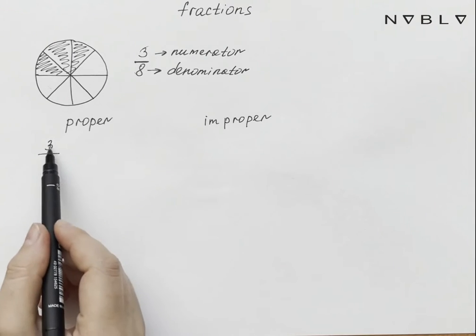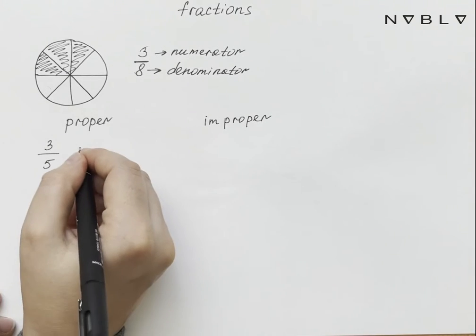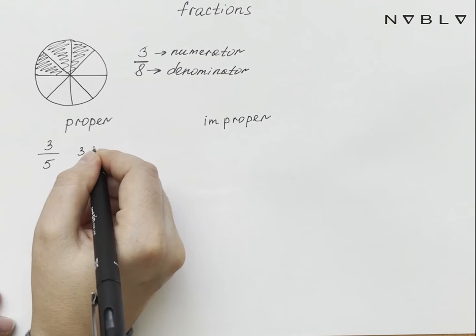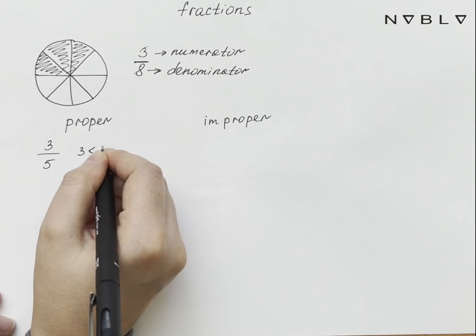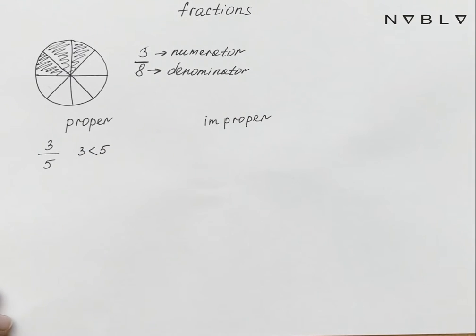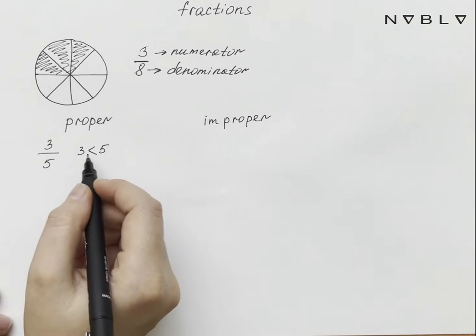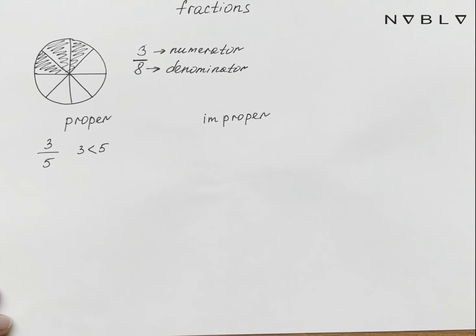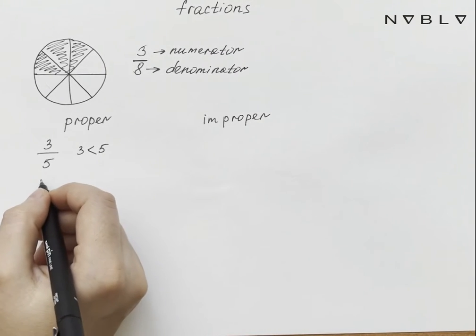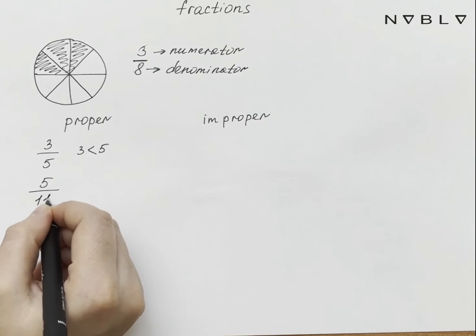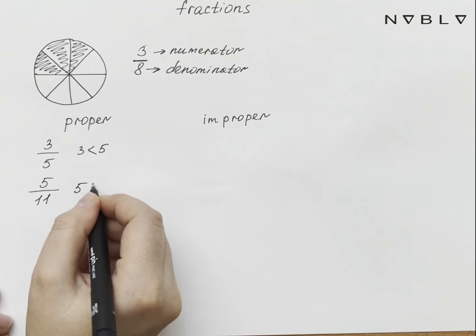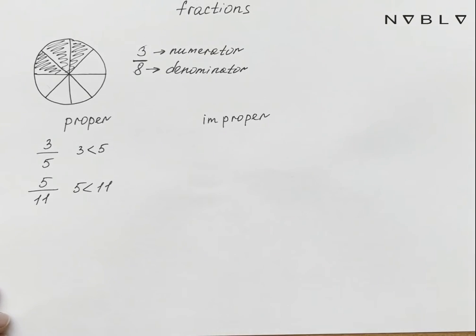For example, 3/5. 3 is less than 5. For example, 5/11, because 5 is less than 11, and so on.